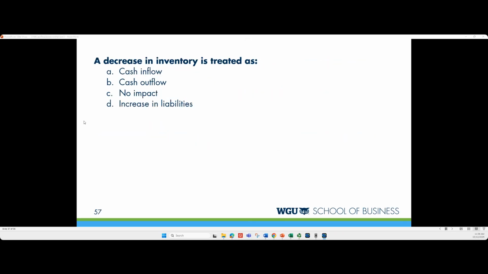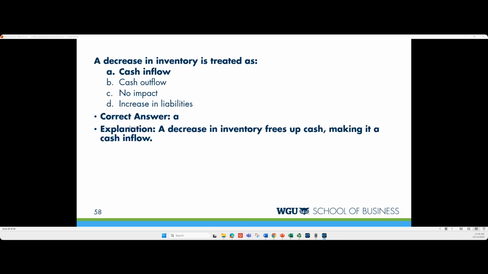Okay, a decrease in inventory is treated as what here? Which one of these is the best descriptor? And consensus is A, and that is correct, because a decrease in inventory means we have sold inventory to our customer base, and that frees up cash, making it a cash inflow.